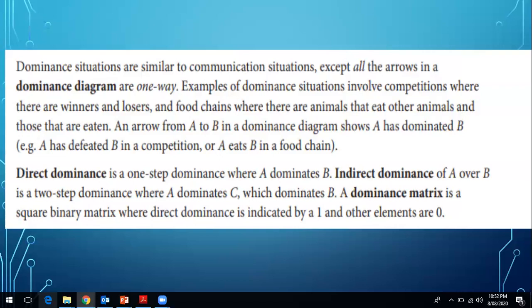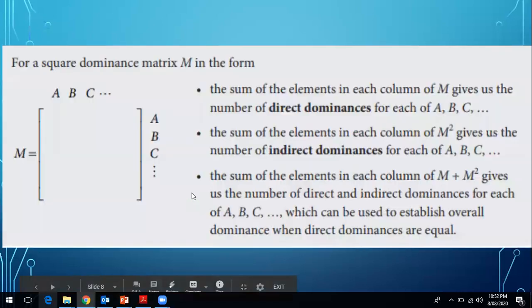Here it's the same thing. In a tournament, if C defeated B, and B defeated A, there is an indirect relationship, not a direct one.